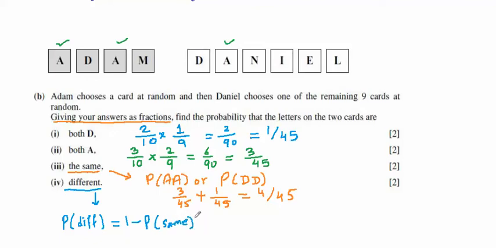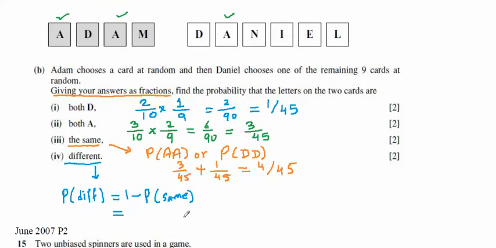And that probability we already have found in the previous part. So it will be equal to 1 minus the probability of same, which is 4 over 45. So we got the answer. 1 minus 4 over 45 will be 45 minus 4 over 45, and in simplest form it will be 41 over 45.